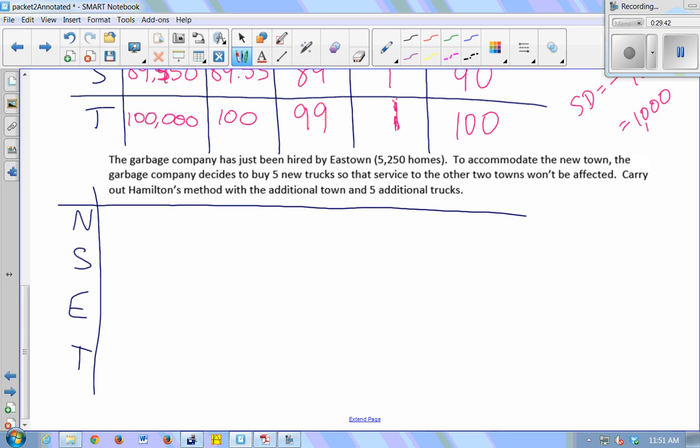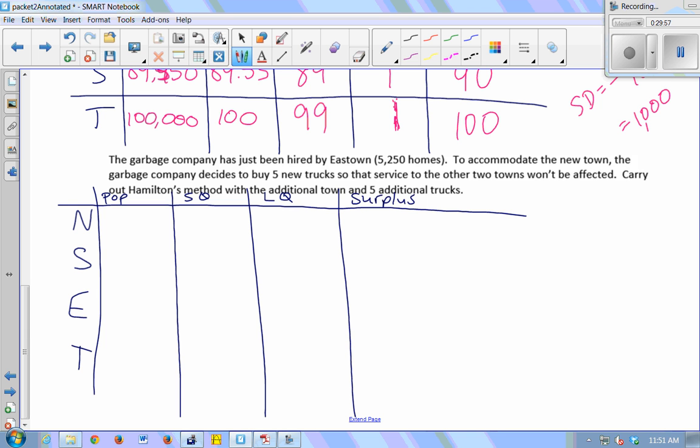Didn't leave a lot of room there. And I have population, standard quotas, lower quotas, surplus, and final. Okay, so I guess I can put in my populations. The populations of the first two towns didn't change.